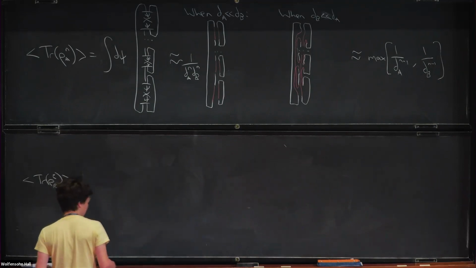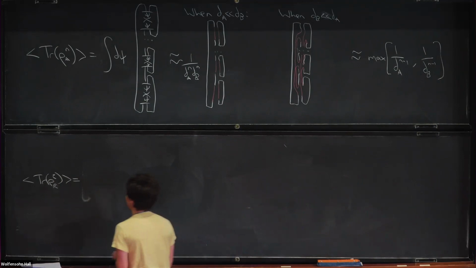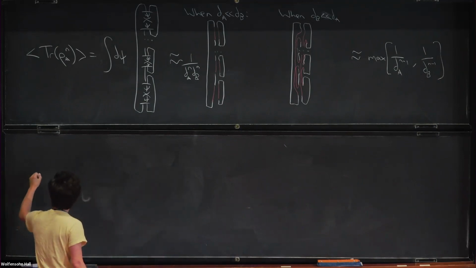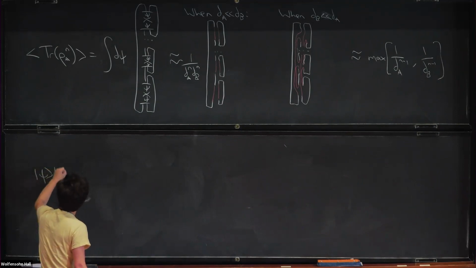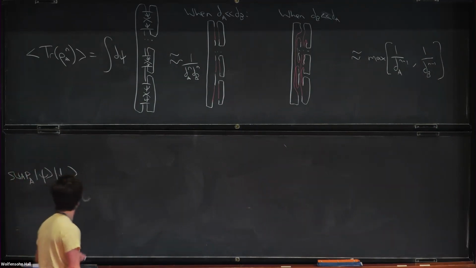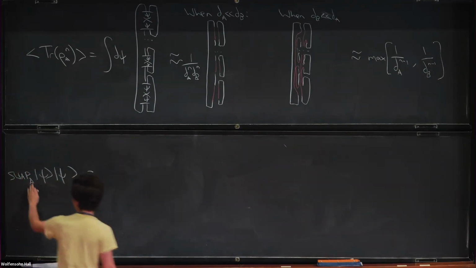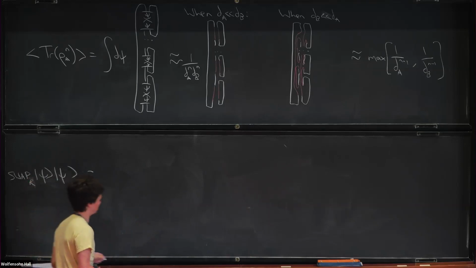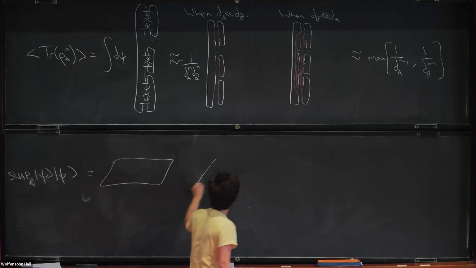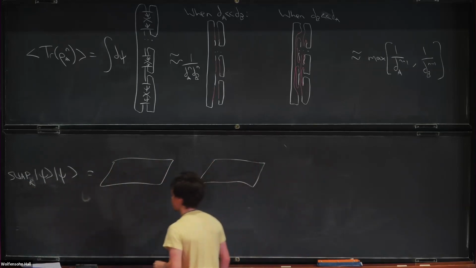Okay, so to compute this thing, we first need to compute psi, and then we need to swap over the two copies of the radiation between the two copies of psi. So psi looks like this.